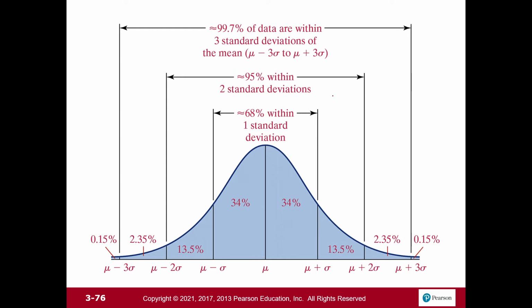Within two deviations of the mean, 95% of the data will be within two deviations of the mean. And within three deviations, you're accounting for 99.7% of all the data values. So the calculation of the standard deviation is pretty important.